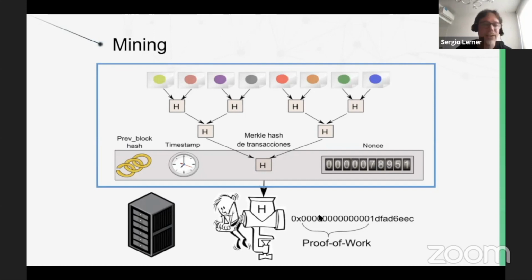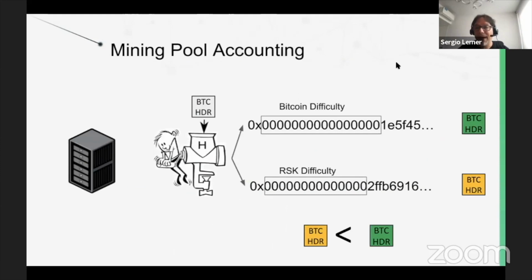You start mining, as always. You take your Bitcoin header, you increment the nonce until you get a hash digest with a certain number of zeros, right? But this is where things differ. You can find a hash digest having the difficulty of a Bitcoin block, or you can find hash digests having lower difficulty, but higher than the target difficulty of the Rootstock block.